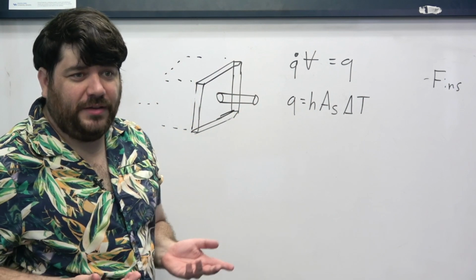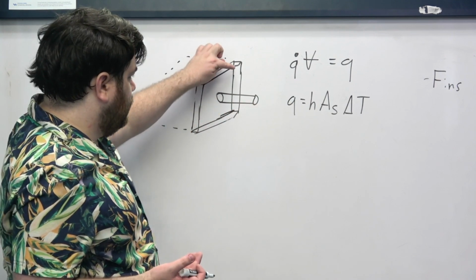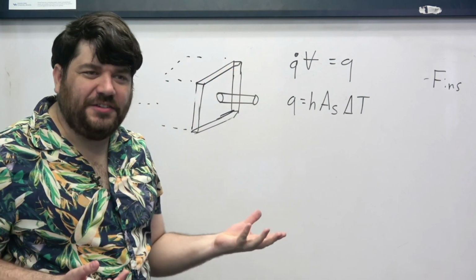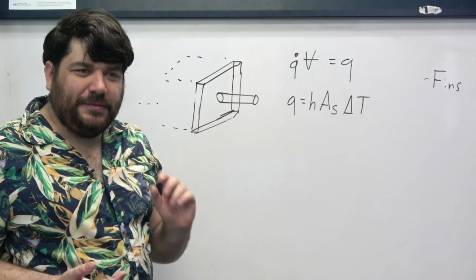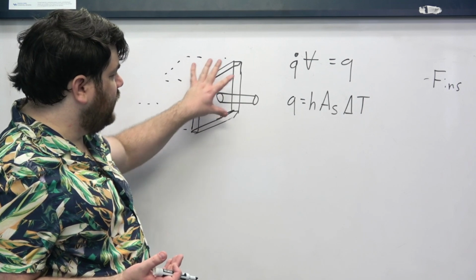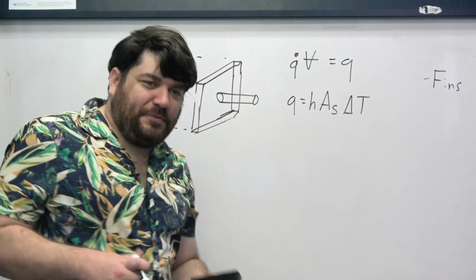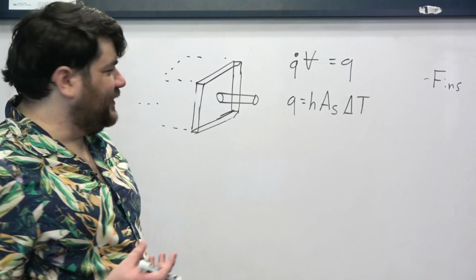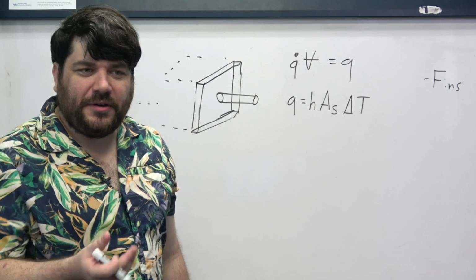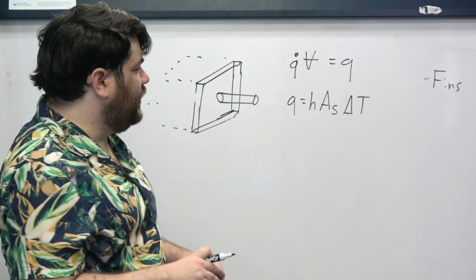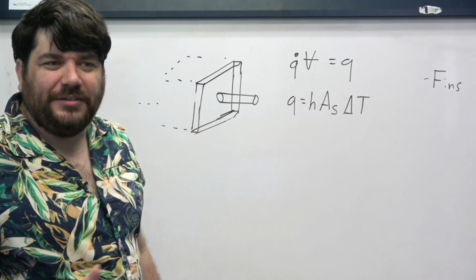And these are called pin fins. Remember that the only point of adding these objects is that we're adding extra surface area between the object and the environment. Okay? And so abstractly, any object that we add to another object to enhance the heat transfer via an increase of surface area is what we call a fin.